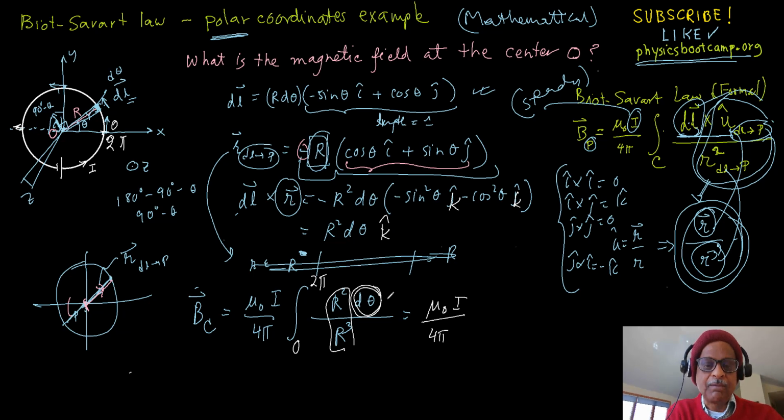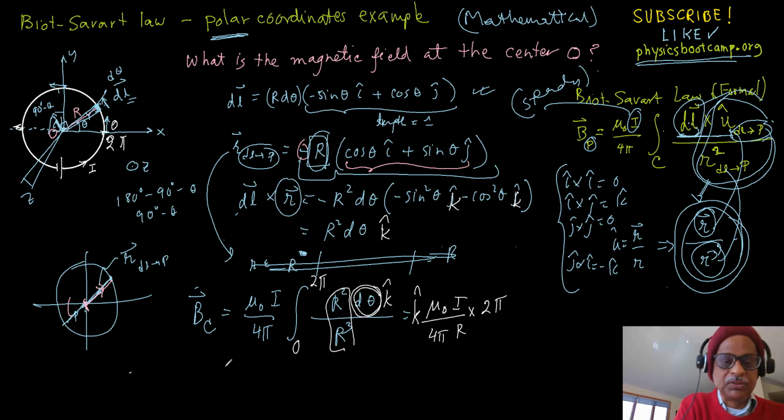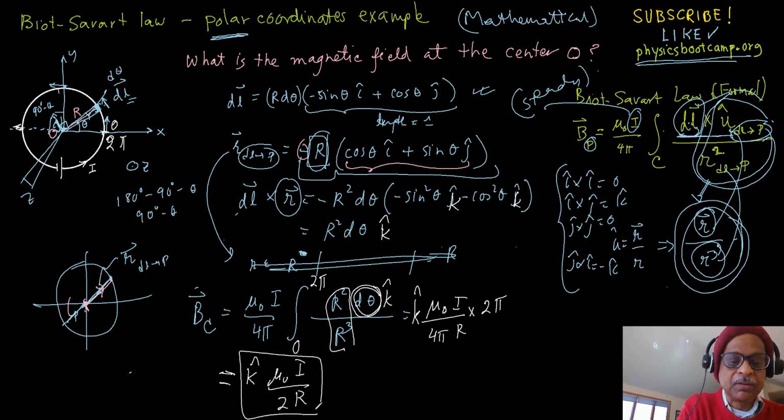So k hat doesn't depend on theta, so k hat is going to come out: mu naught I over 4 pi r times 2 pi. The answer is k hat mu naught I over 2r. So that's the answer.